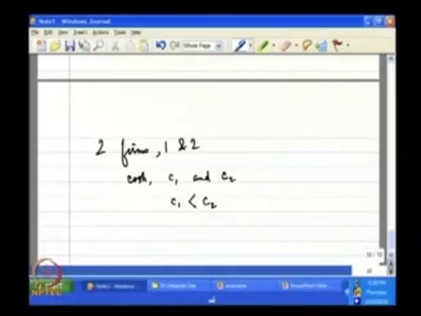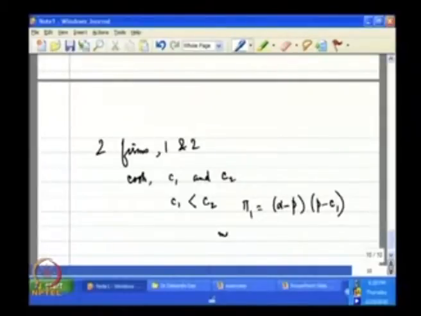What we further know is that this (alpha minus P) multiplied by (P minus C1) is basically the profit function of firm 1.